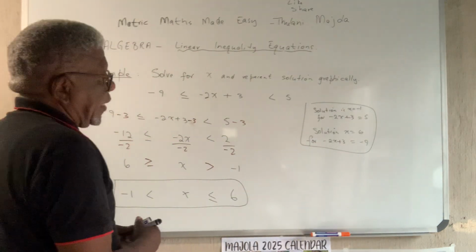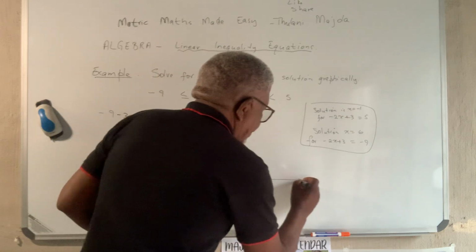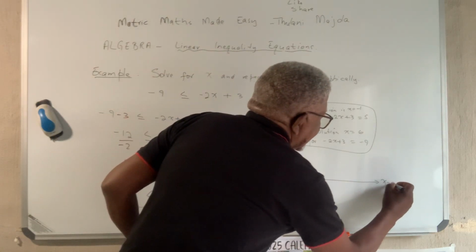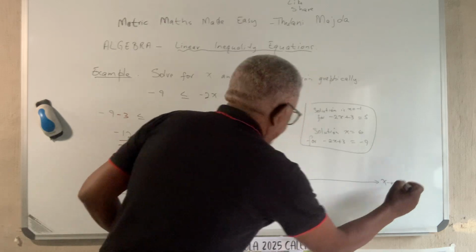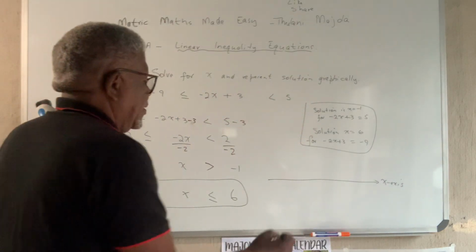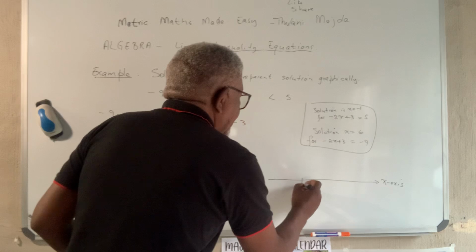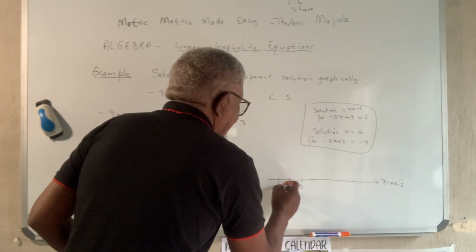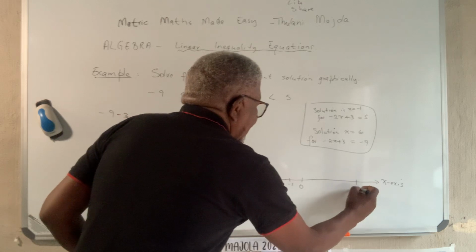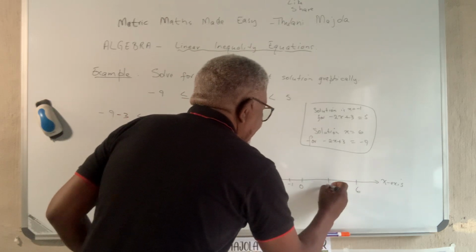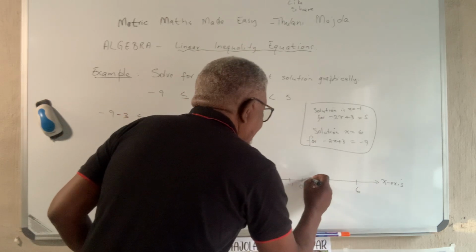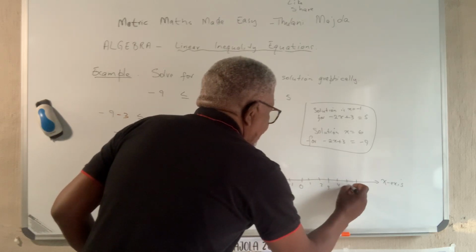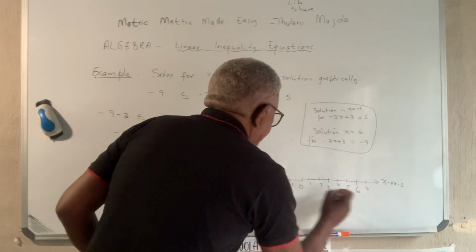To represent it graphically, you draw your number line, your axis, with 0, negative 1, and positive 6, and the numbers 1, 2, 3, 4, 5, 7.